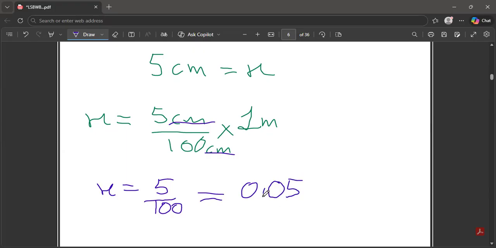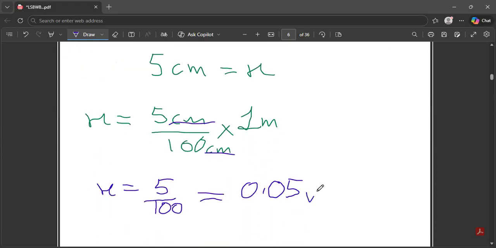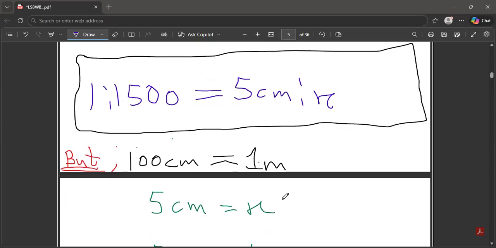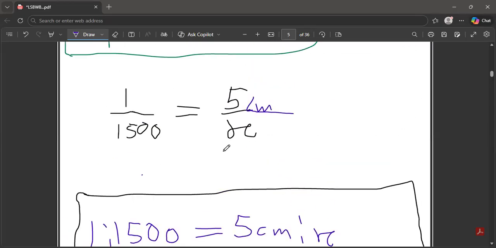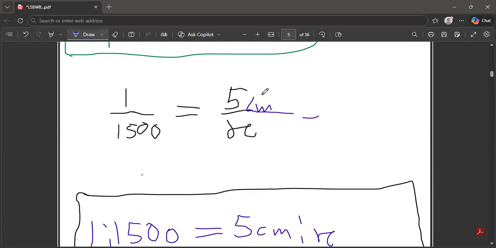Now we have to compare this 0.05 meters to our work to complete the calculation. Wherever we put 5 centimeters, we can put 0.05 meters over there. So watch, I'm going to rewrite this equation again, and this is a very important equation that we established.